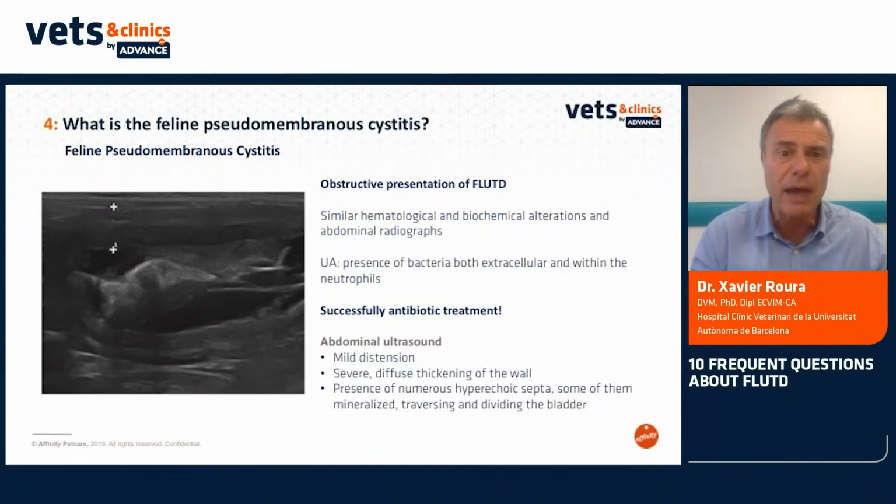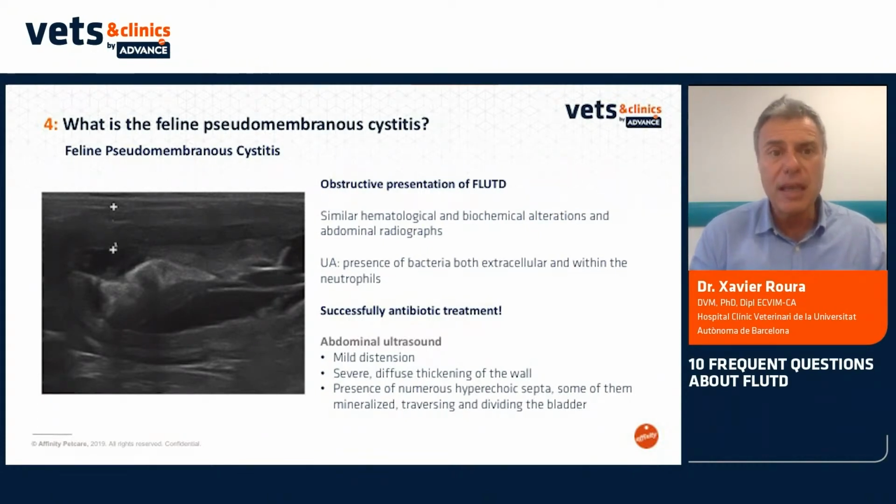So this kind of bands, some of them mineralized bands that cross the inside of the bladder, are pathognomonic of this feline pseudomembranous cystitis.